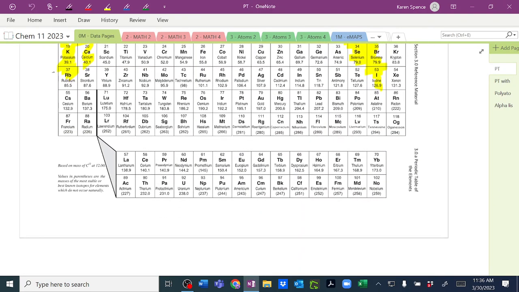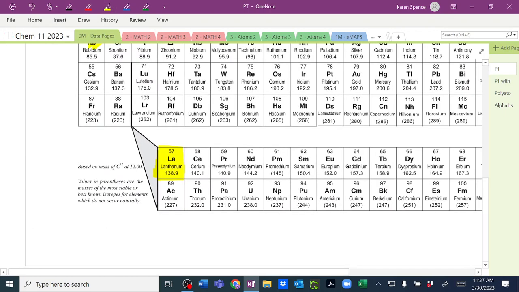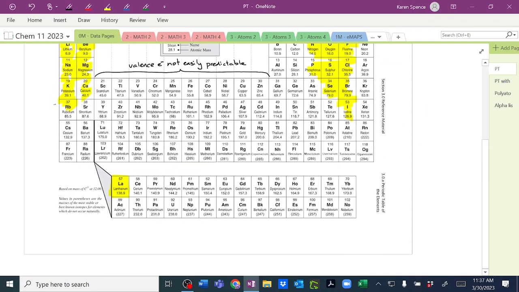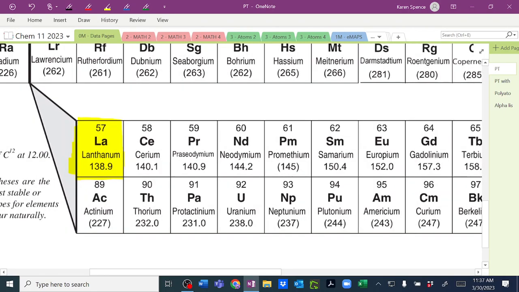If you look on your periodic table, what is the first element in that row below the periodic table? Go find your periodic table and look it up. In that first row below the periodic table, what is the name of that element?